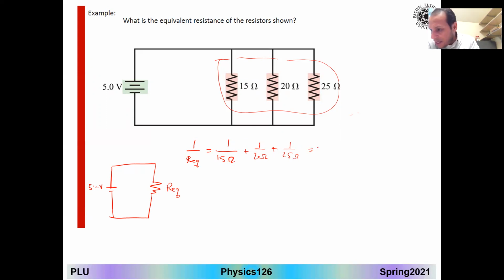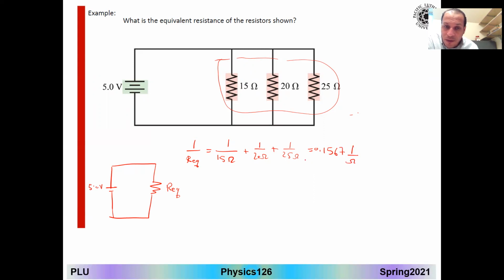If my calculation is right, I calculated here 0.1567. Regarding the unit, this is still 1 over ohm.